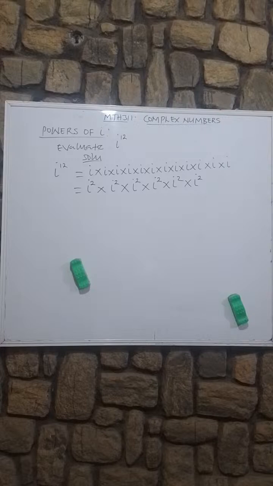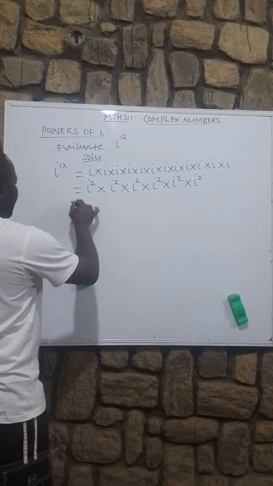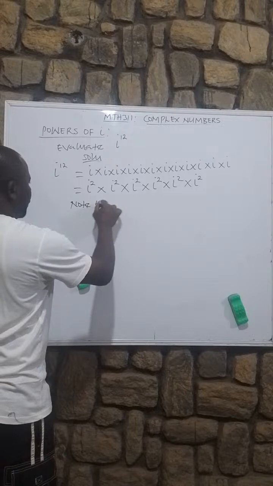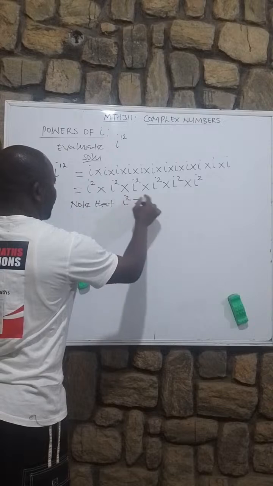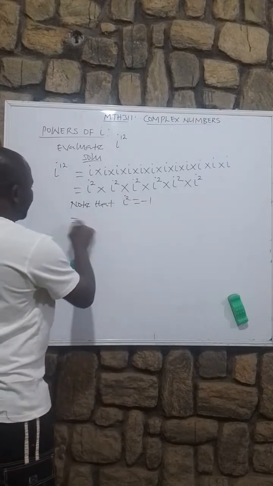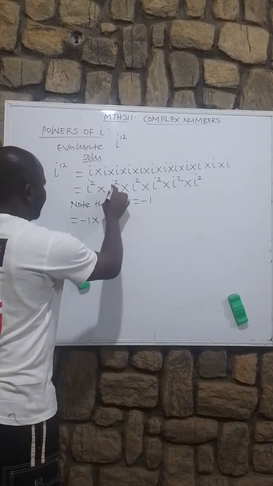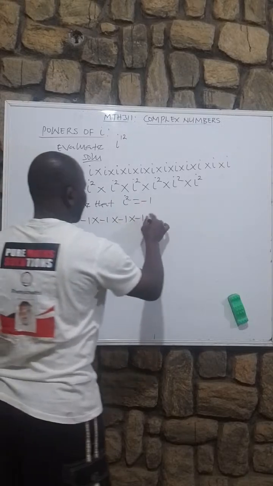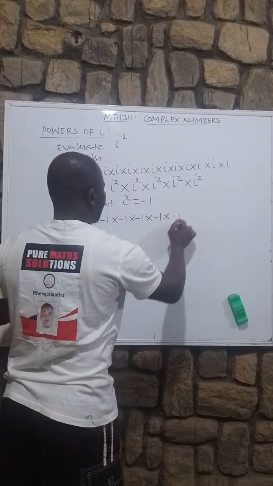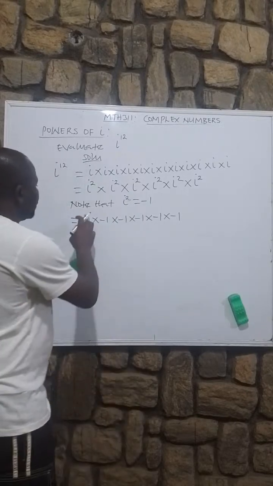So this implies that we now recall that i squared is equal to minus 1. So this will be equal to minus 1 times minus 1 times minus 1 times minus 1 times minus 1 times minus 1, six of them.